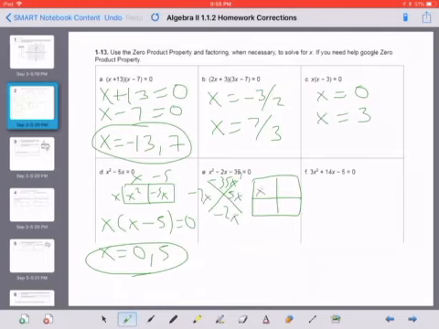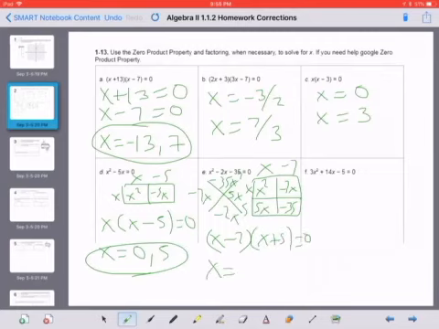So I have x squared, negative 7x, 5x, negative 35. So when I box that out, I get x, negative 7, and I get 5. So I get x minus 7, x plus 5 equals 0. So x is either 7 or negative 5.